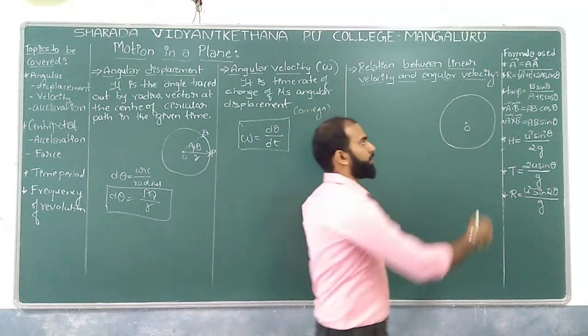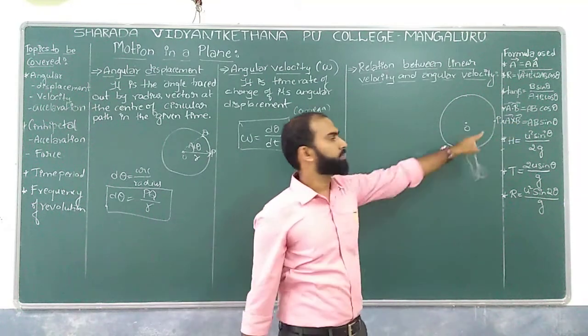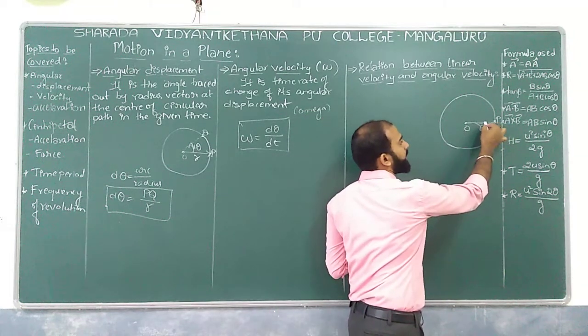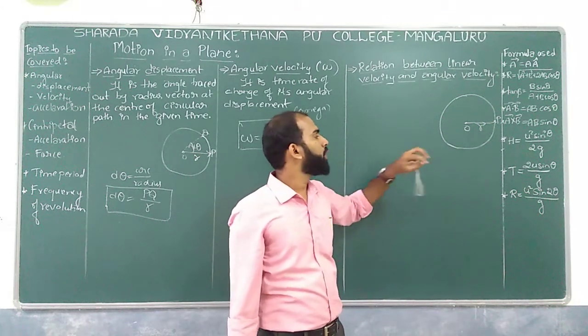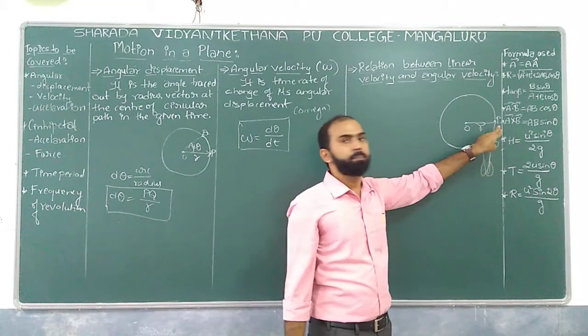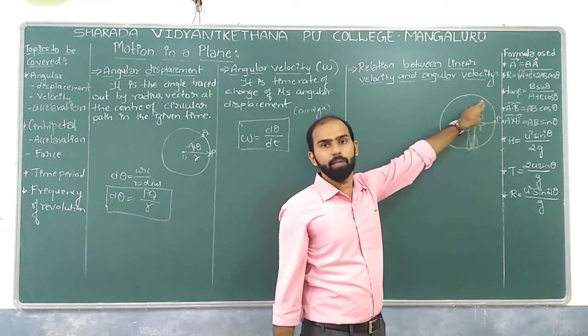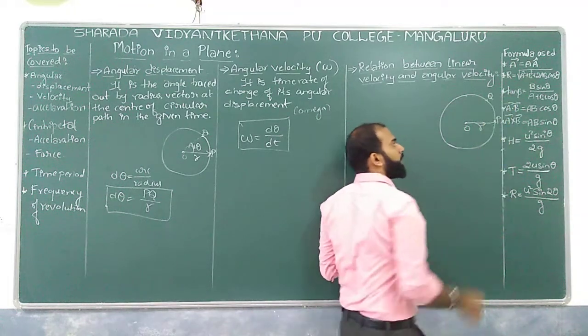Now for the time being, one point P which is located at a distance of r vector, let us say position vector. So now if this P is moved with some displacement, let us say to Q over here.